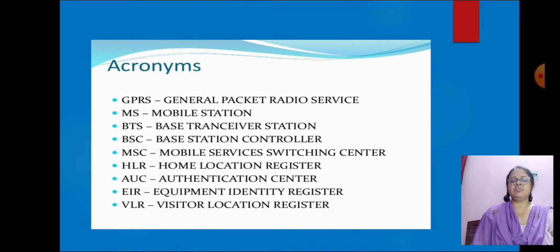In addition to fixed data, the HLR also keeps track of the current location of its customer. The GMSC asks for routing information from the HLR if a call is to be set up to a mobile station. Then there is AUC, Authentication Center.